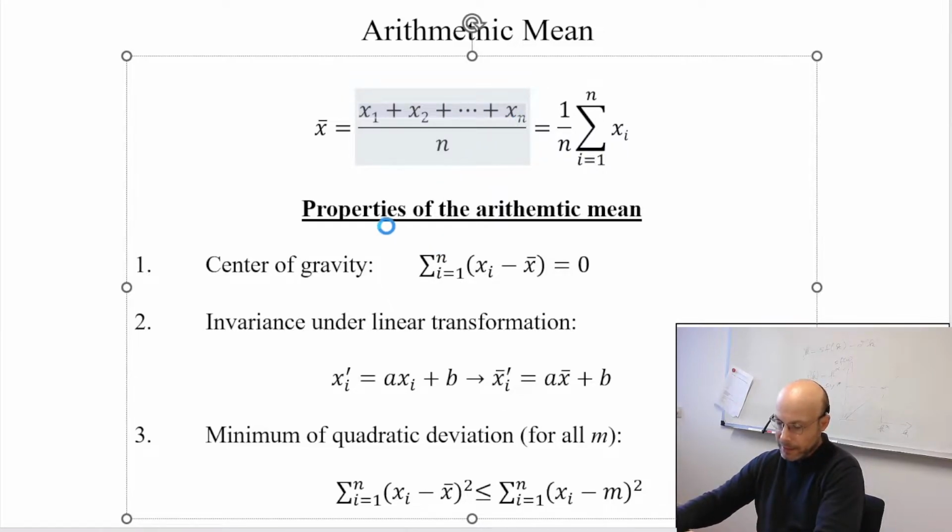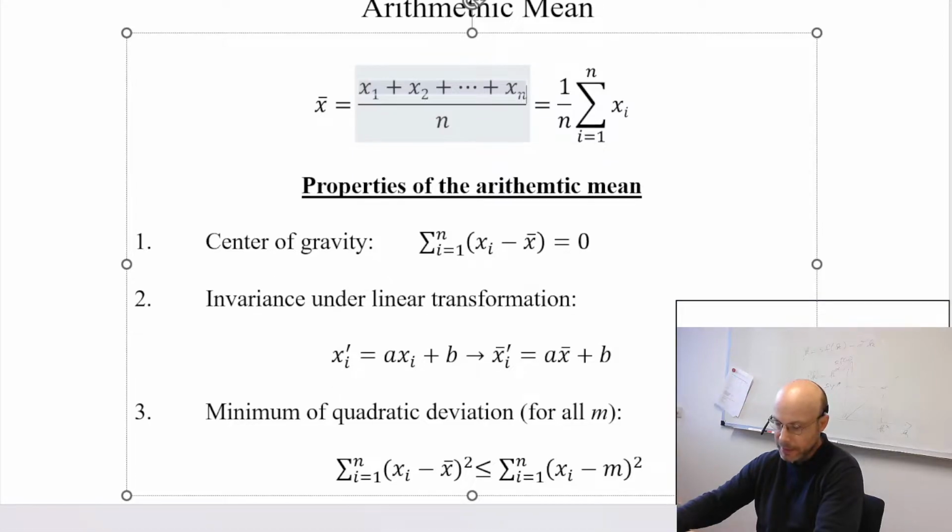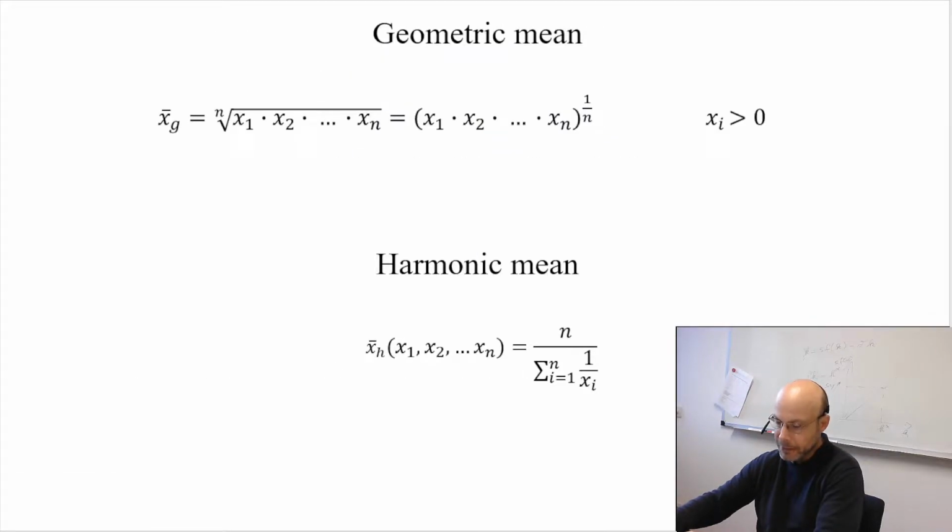As the arithmetic mean, there we will show some nice properties of the arithmetic mean. Geometric mean, just the nth root from the product of all our data.